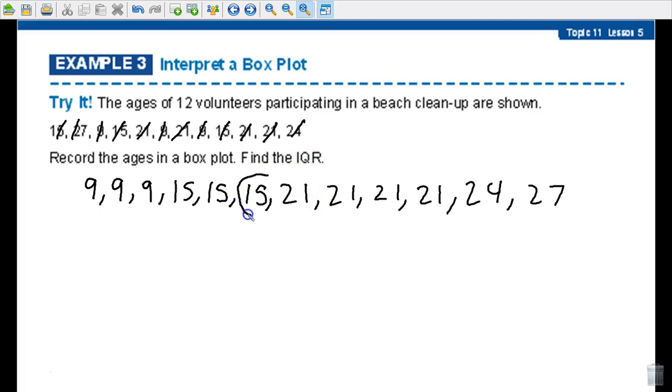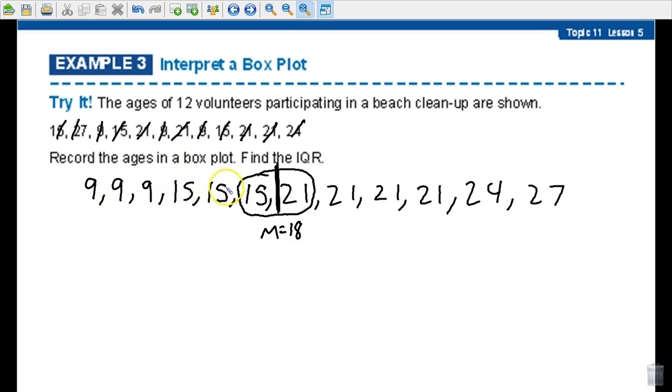All right. So we add these together, we get 36. So my median equals 18. And then we put a split right there.